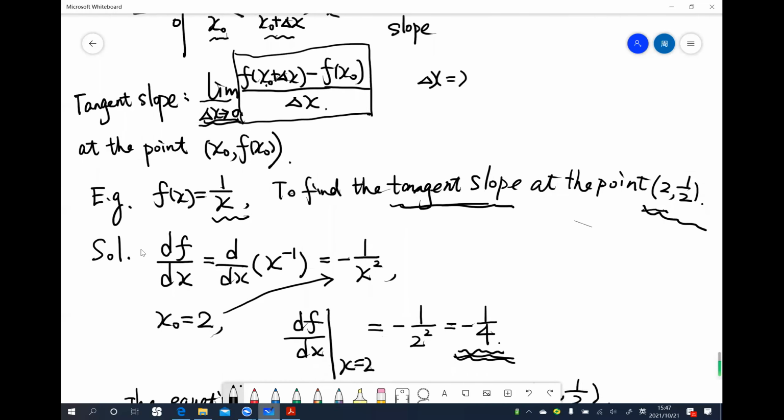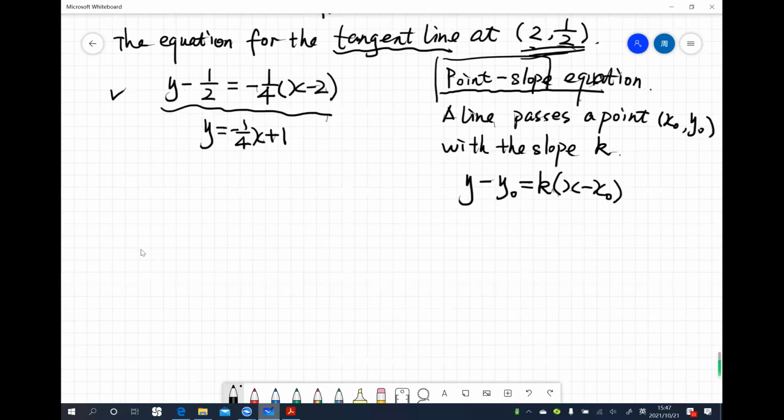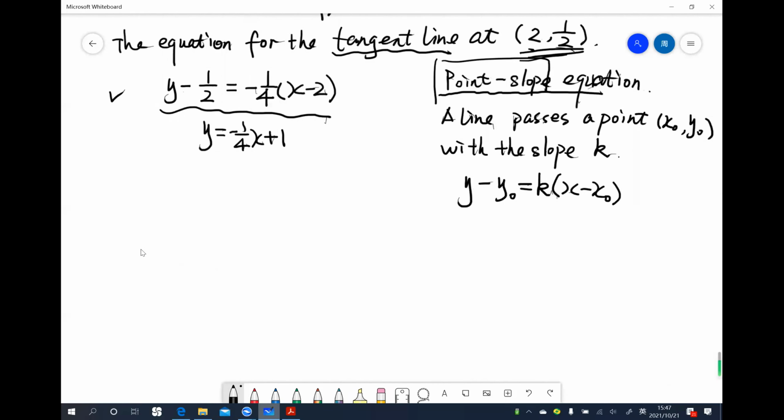So here I will give you an exercise to practice. That is, we know a function, the function that is x power 3.